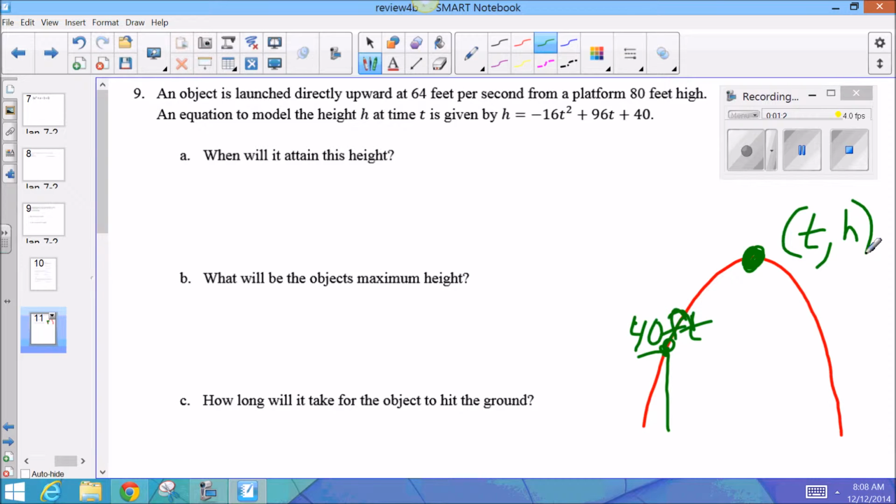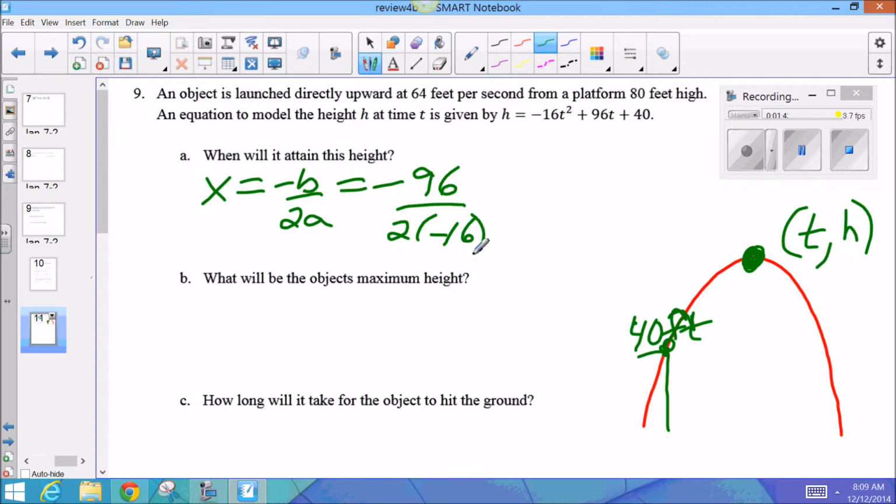So let's first of all find the x or t coordinate, and you're going to use the formula in standard form, x equals negative b over 2a. So negative b, that's negative 96 over 2 times negative 16. 2 times negative 16, I'm doing that on a calculator, is negative 32.